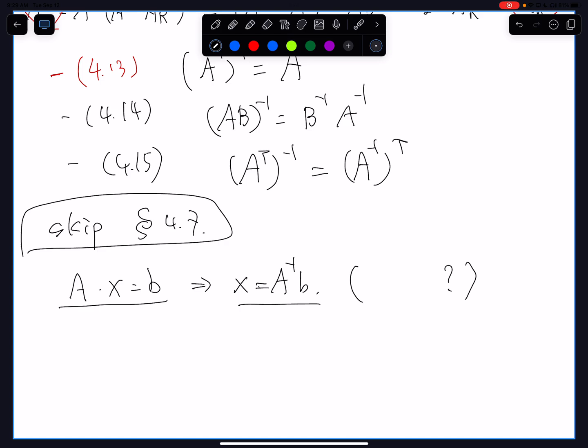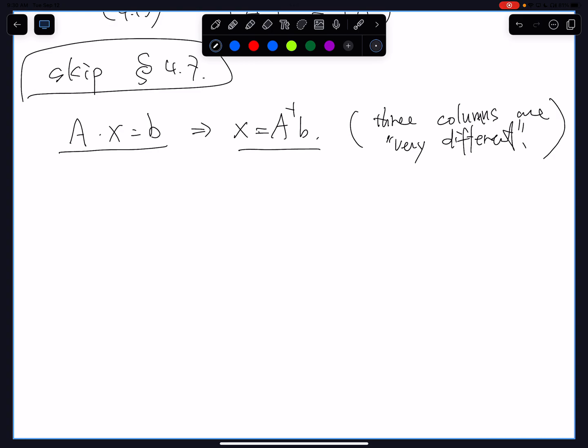So I'm gonna characterize that condition first of all. The condition we'll say is that the three columns are very different. Okay. So I'll give you an answer without the proof for now.